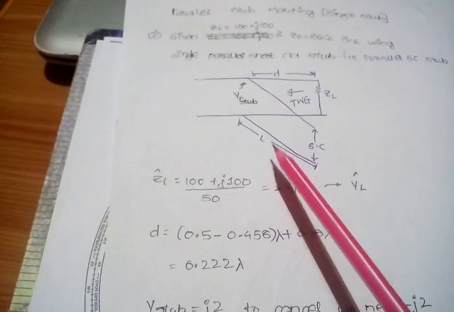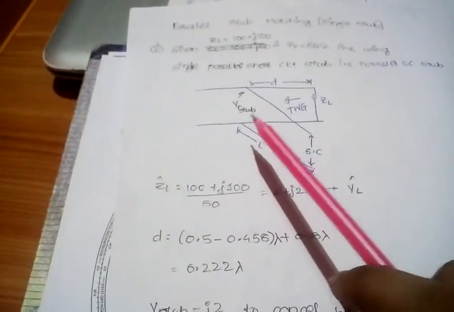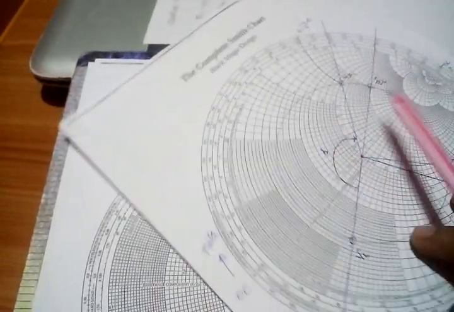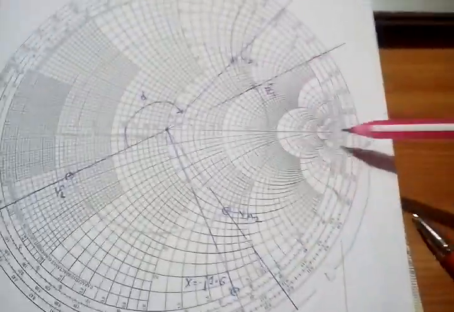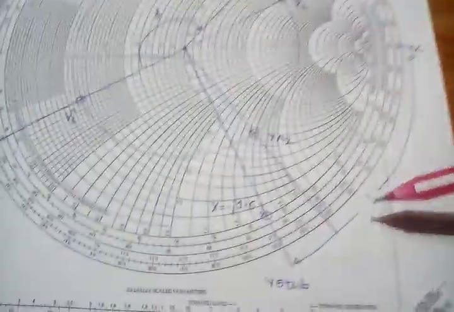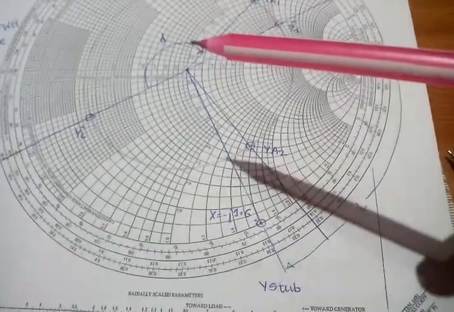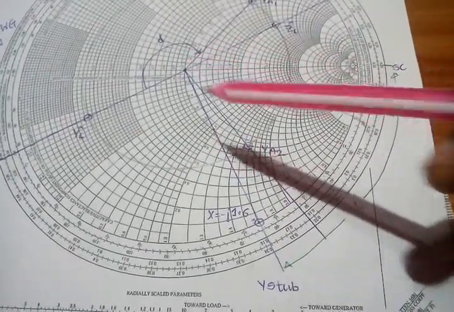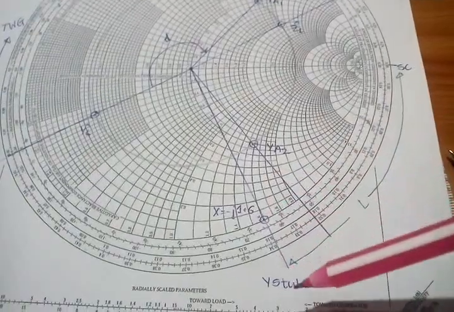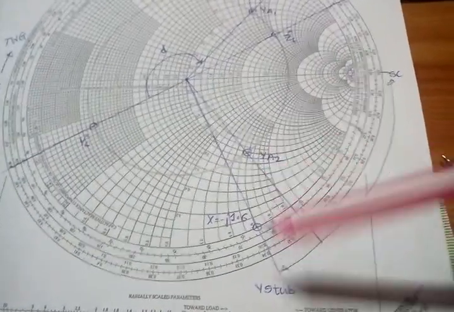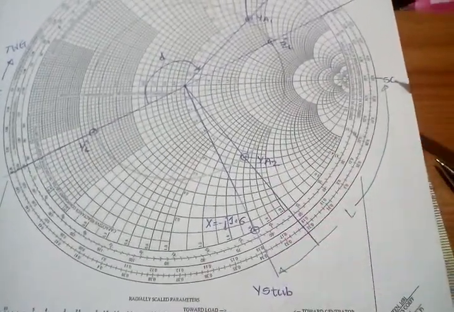So I will be going from short circuit towards the Z-in. So it's like going towards the generator. I have to travel along the way till the line which joins the center of the Smith chart crossing through the 1.6 minus j1.6 outer circle. So I need to find out this value.